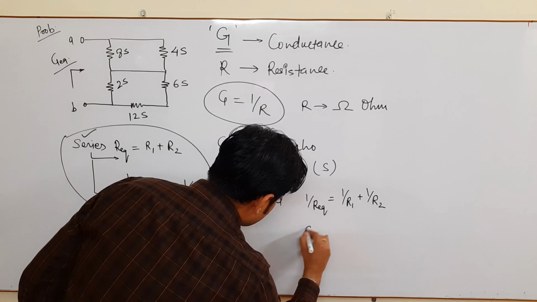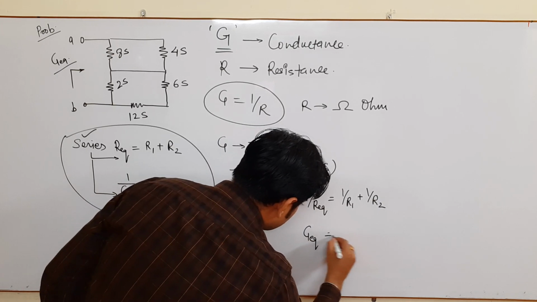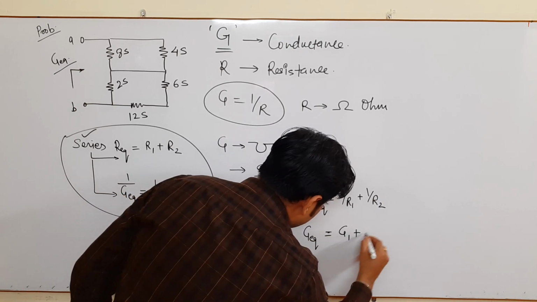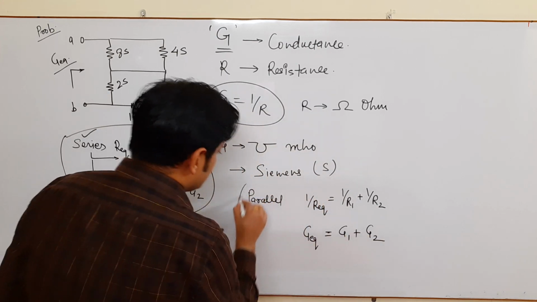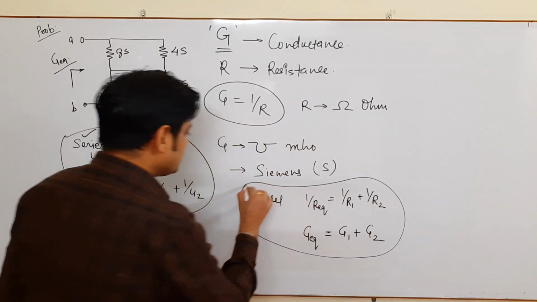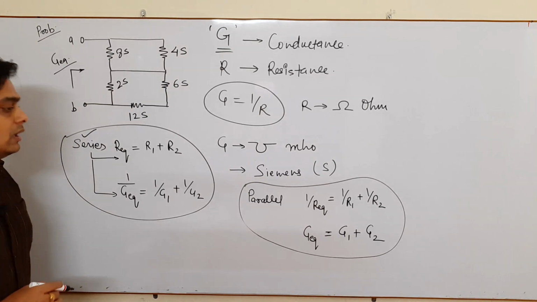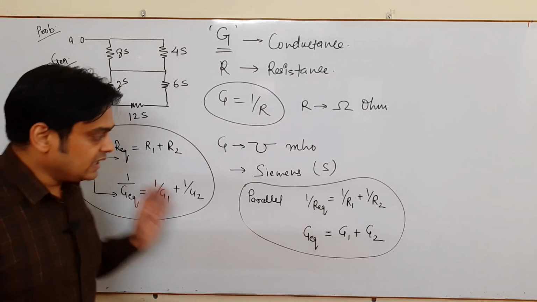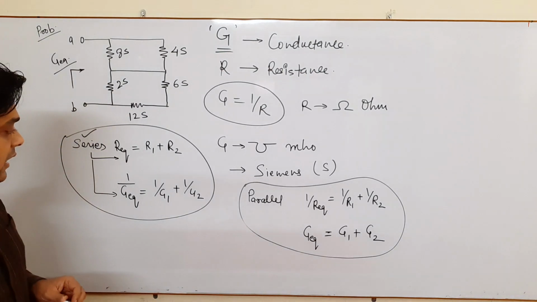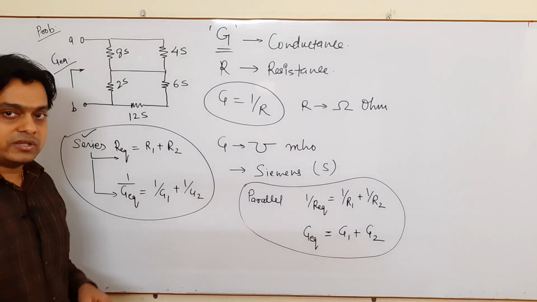But when you find G equivalent in case of parallel, that's simply G1 plus G2. I have just taken an example of two resistances R1 and R2. Similarly it is G1 and G2, but you can add n number of resistors, and accordingly the combination changes.